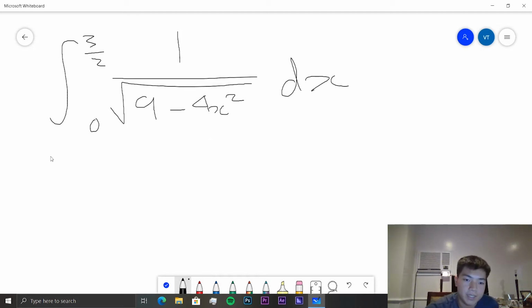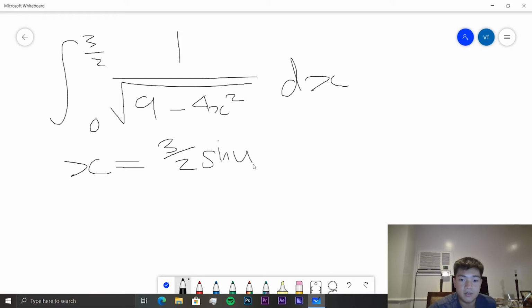So in this case, we want to make the substitution that x is equal to, this is really equal to 9 over 4 technically. X is equal to, yeah, it should be 9 over 4, I think. So 3 halves, in other words, sine u.